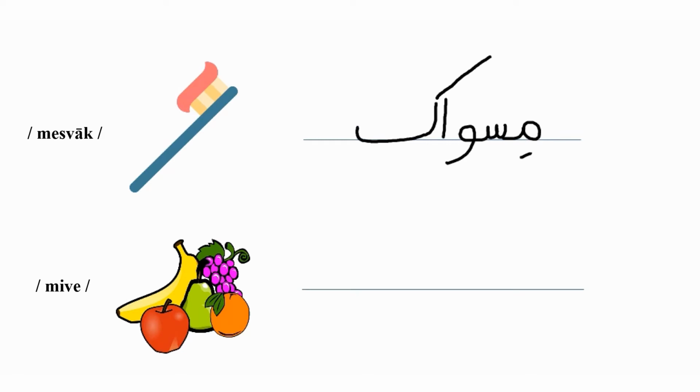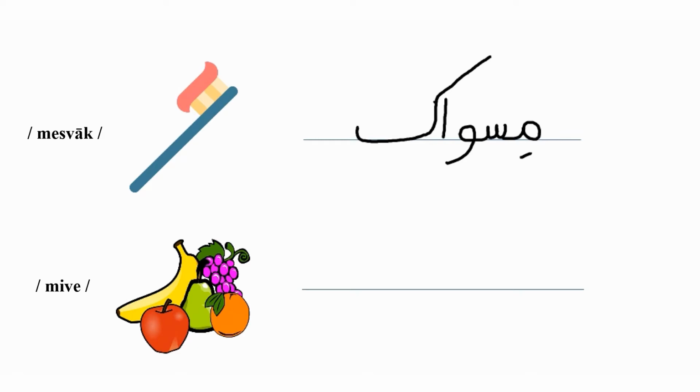Mesvak. Okay, so we have me, the short vowel e, se, mes. Ve here is not the short vowel o, not the long vowel u, but the consonant ve. Mesvak.